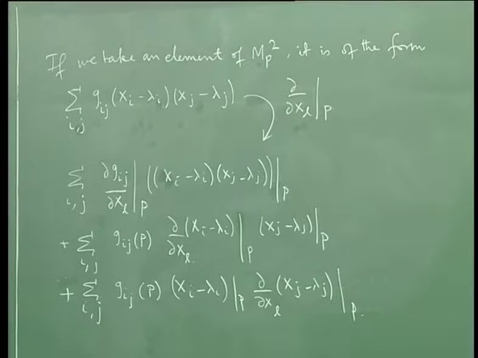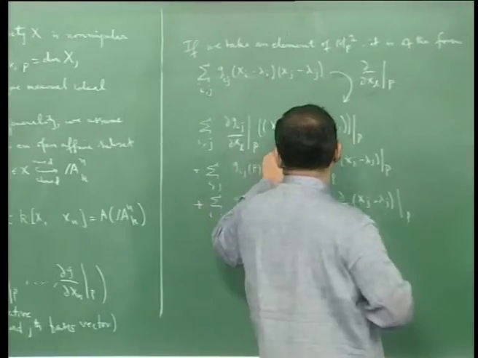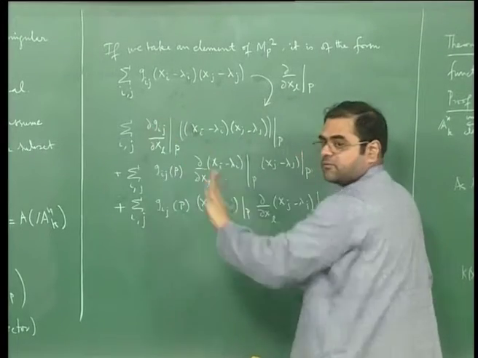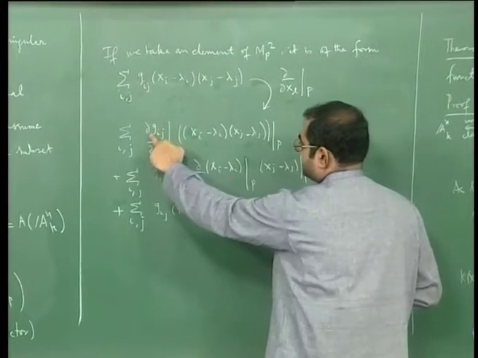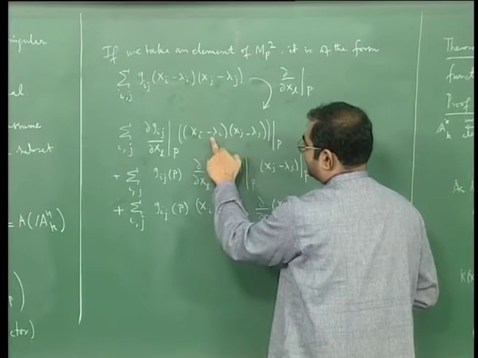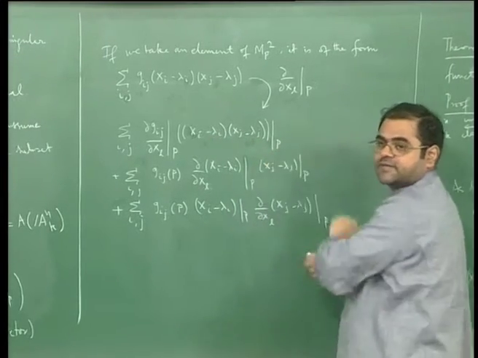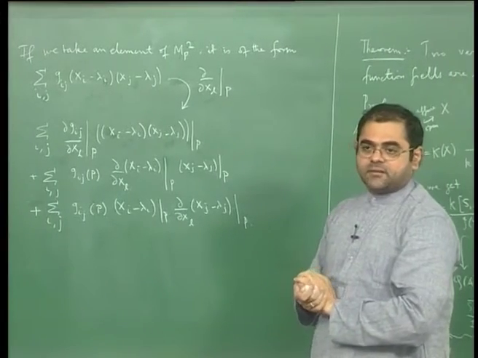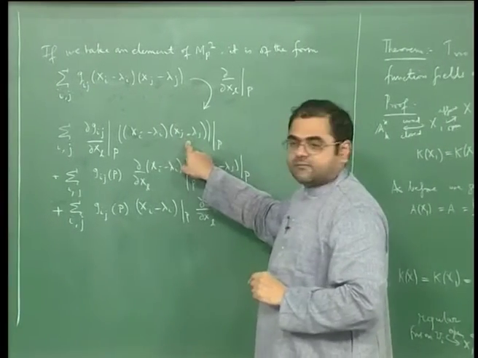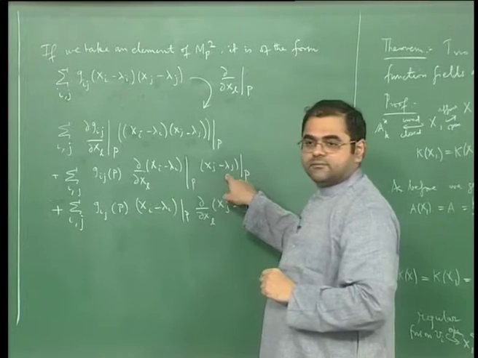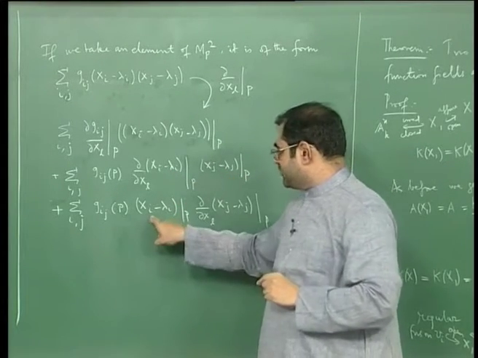Now if you look at it carefully, this is going to vanish. The first term will vanish because I have these two factors surviving. Even if this is not 0, when I substitute p, I have to put xi equal to lambda i and xj equal to lambda j. So this is gone, this will go, and this will go.